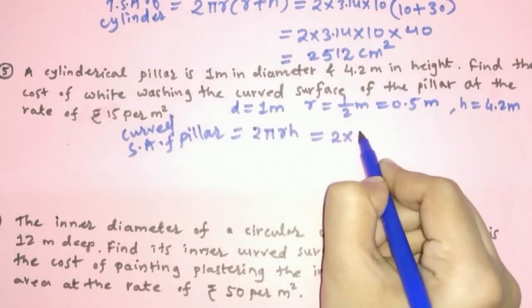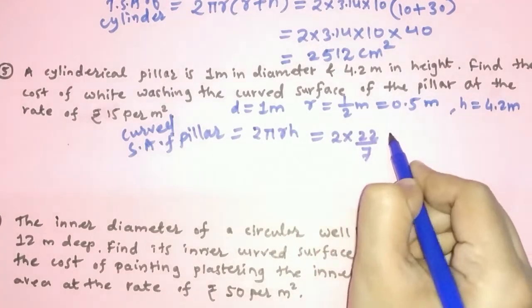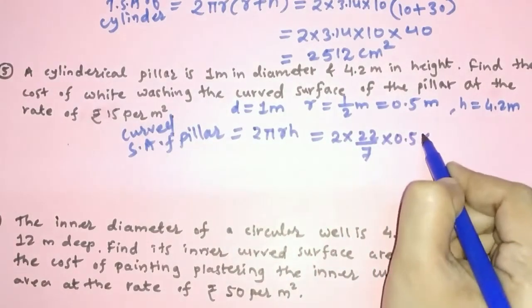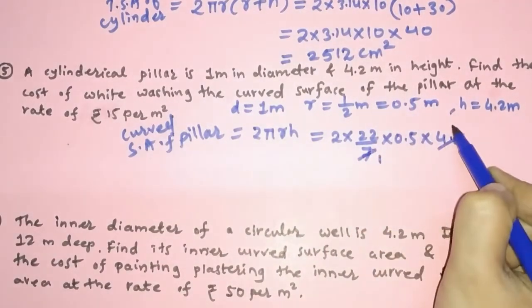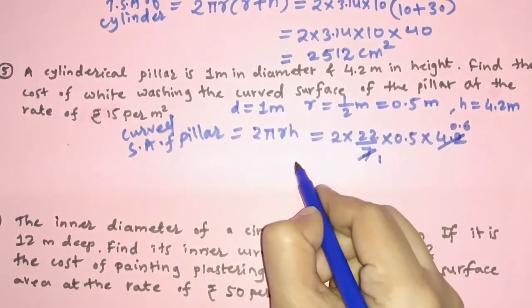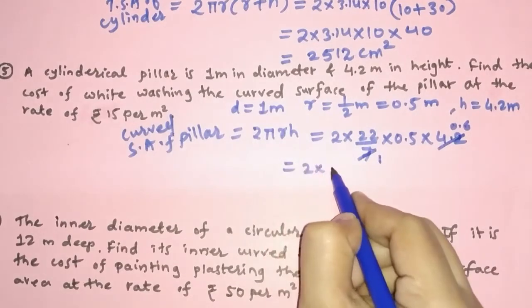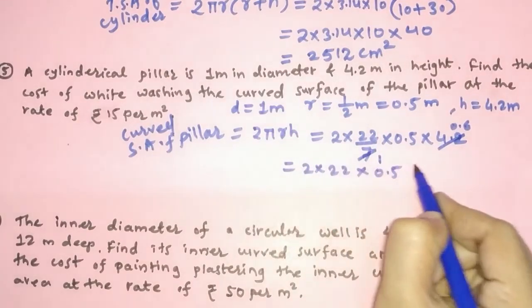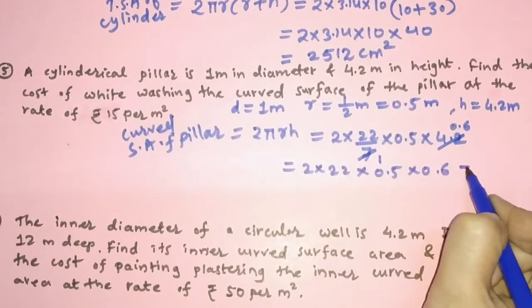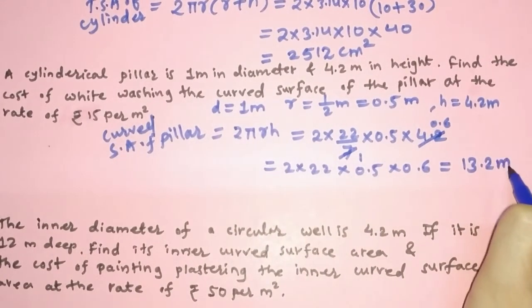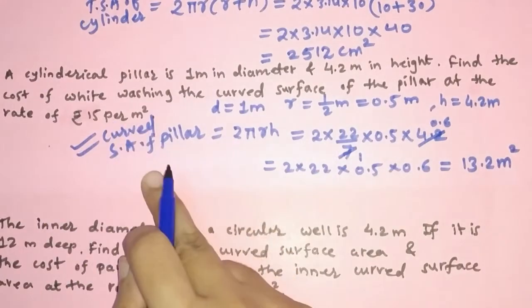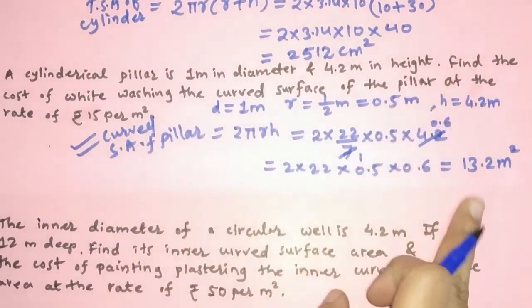So 2 into, we'll keep the values, 22 upon 7, radius is 0.5 and height is 4.2. So we'll divide this 7 with this 4.2, which is 0.6. So we'll get here 2 into 22 into 0.5 into 0.6. So we'll get 13.2 meter square. This is the curved surface area. Now we have to whitewash it, paint it.